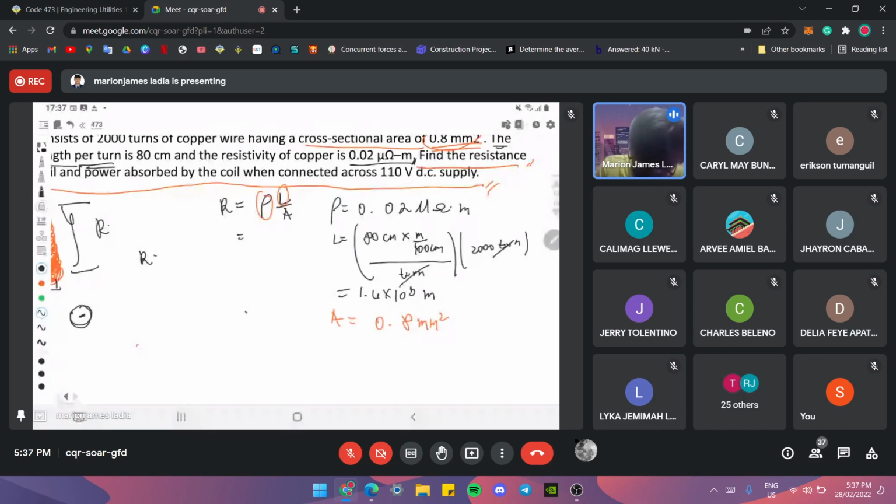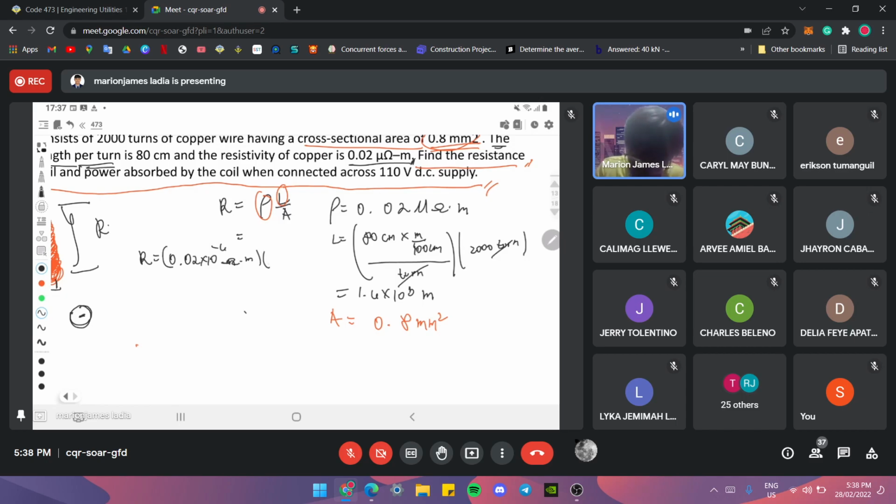R is equal to rho, which is equal to 0.02 multiplied by 10 raised to negative 6 ohm meter, multiplied by my length, which is equal to 1.6 multiplied by 10 raised to 3 meter, divided by my area, which is equal to 0.8 multiplied by 1 times 10 raised to negative 3 square.